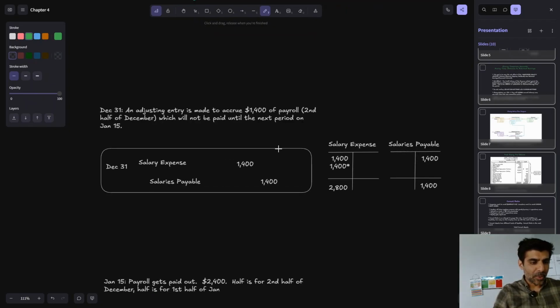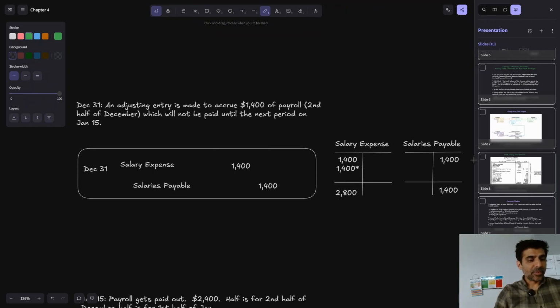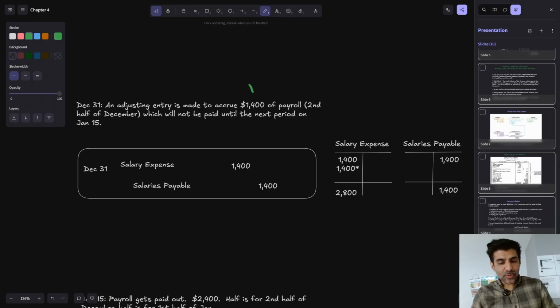On December 31st, we're going to make an adjusting entry for $1,400 for payroll. I think we should all be familiar with this type of entry. After this adjusting entry, these are our balances as of December 31st.